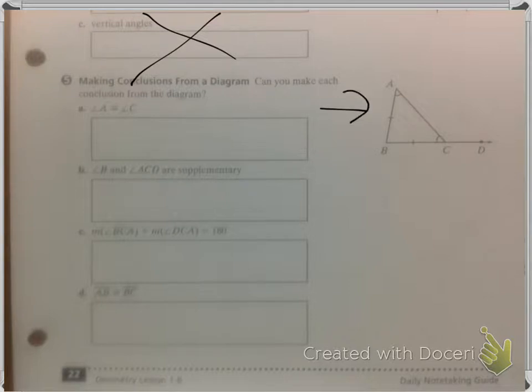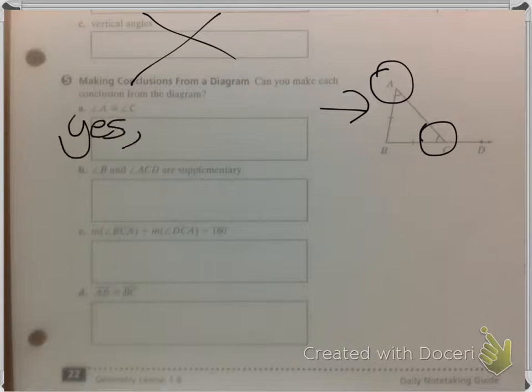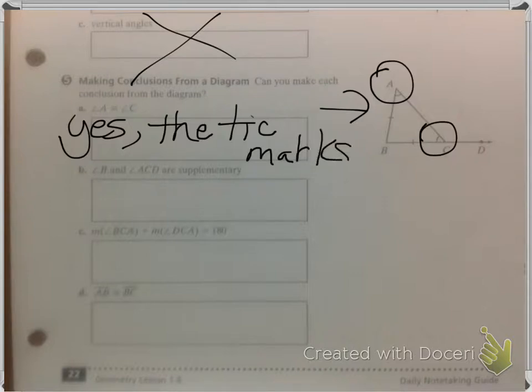Angle A is congruent to angle C. Notice the tick marks there. The tick marks mean that it's congruent. So you would say yes. The markings, the tick marks, make me certain that those are congruent.